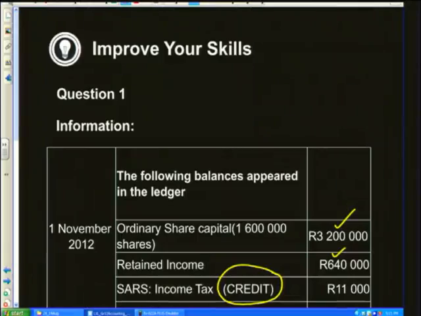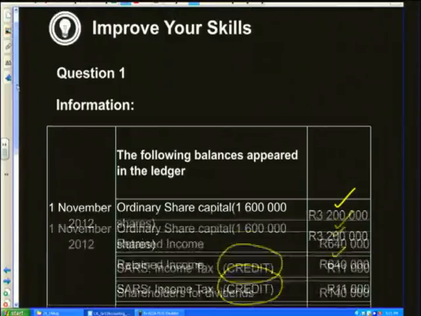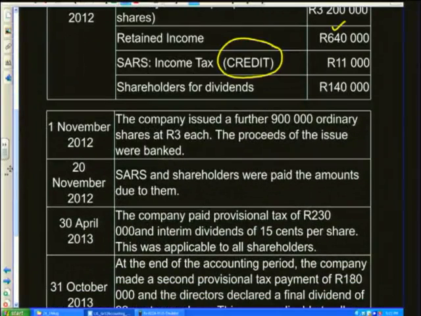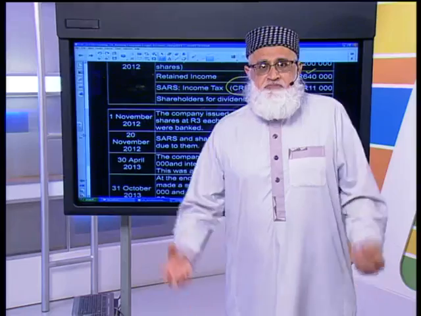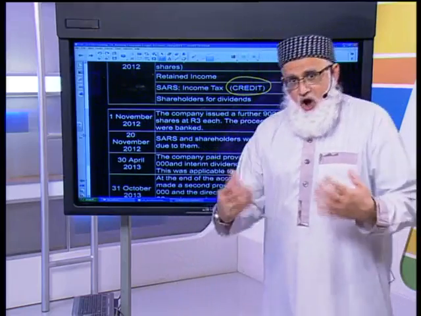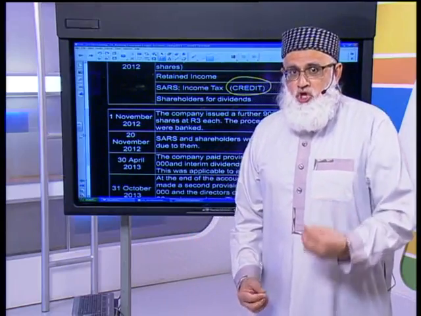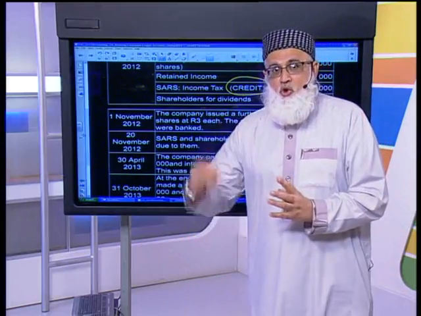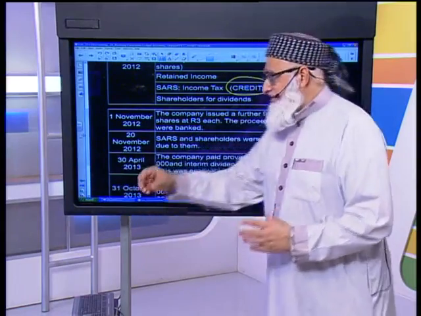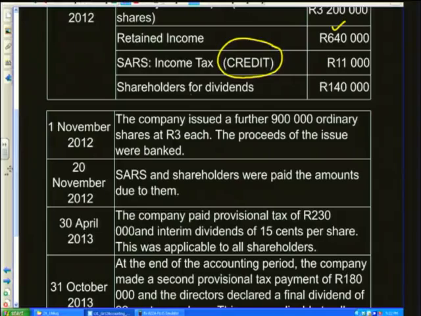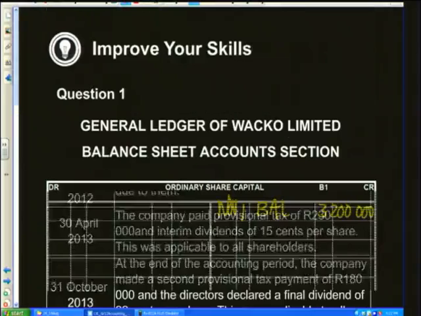The next bit of information that we have is shareholders for dividends. Now, we know that. This one doesn't have to specify. Shareholders for dividends can only be a liability. Why? Because that's the amount of money that the company owes its shareholders. Notice, shareholders for what? For dividends. So in other words, that's what we owe our shareholders, obviously a liability of 140,000 rand.